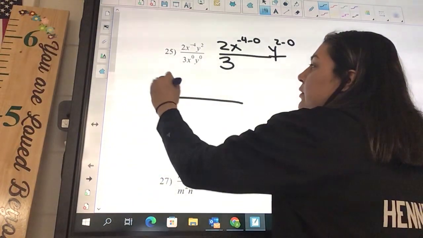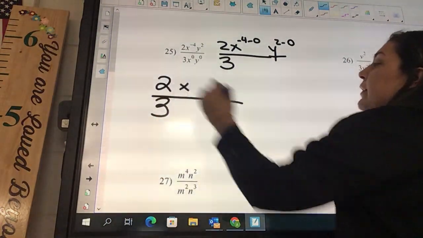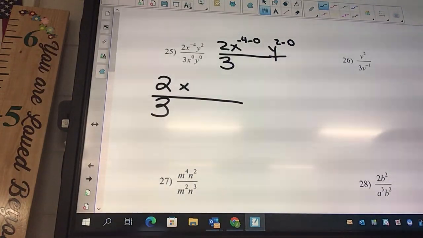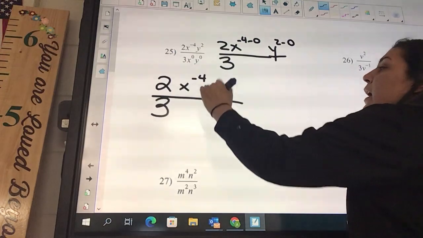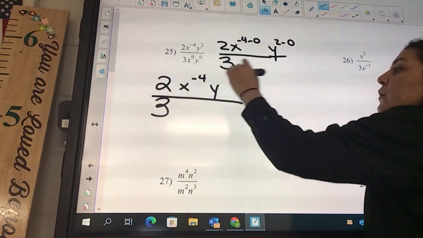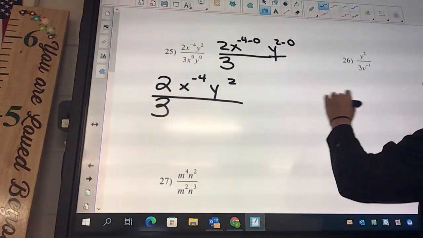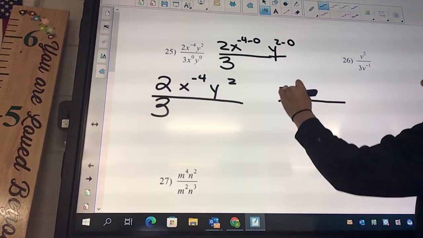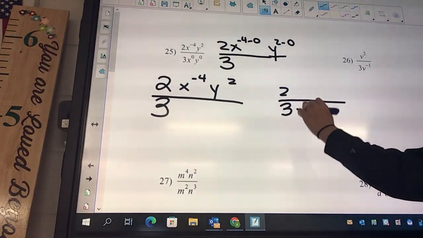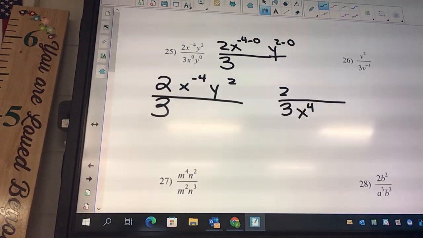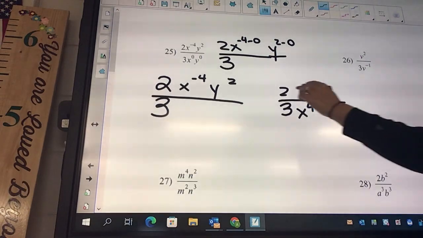So we got 2, 3, x to the what? -4, y to the 2. Okay, and then we need to convert. The 2 and the 3 stay where they're at. Where's the x to the 4 go? Bottom. Y squared. Top.